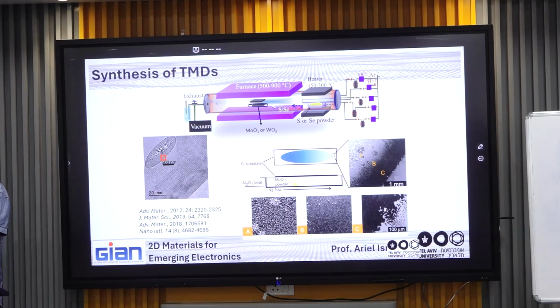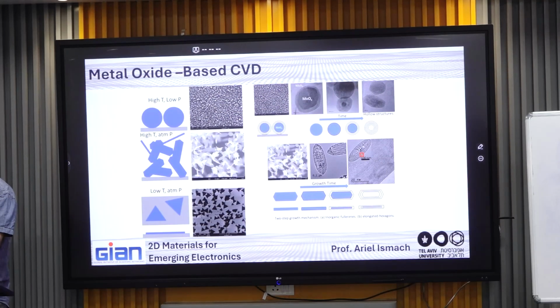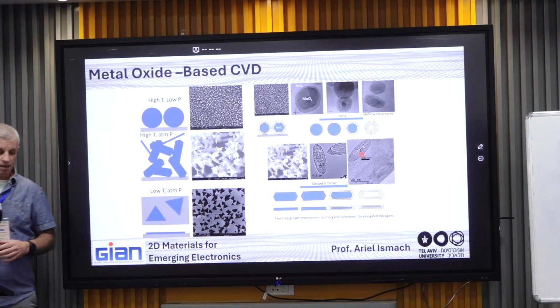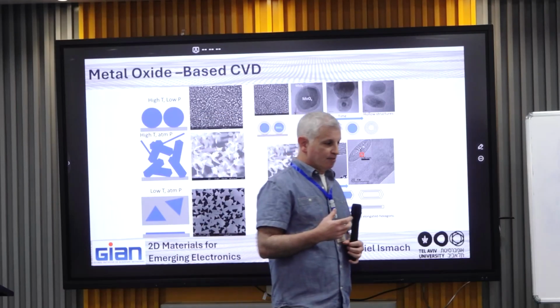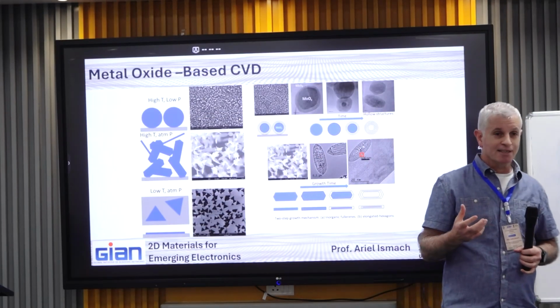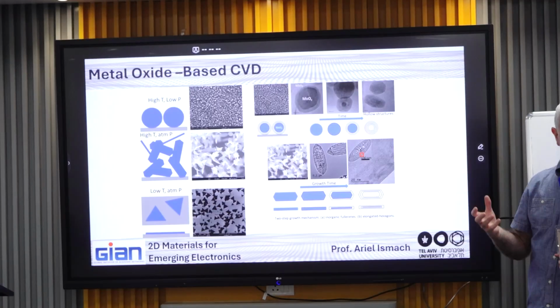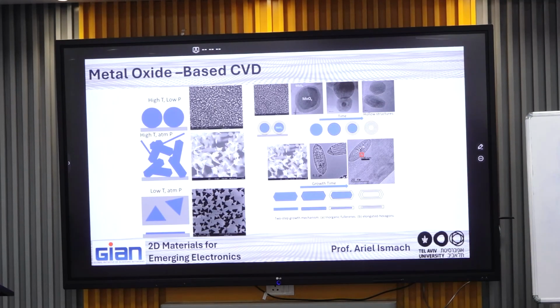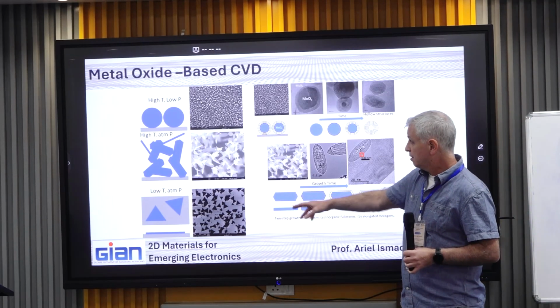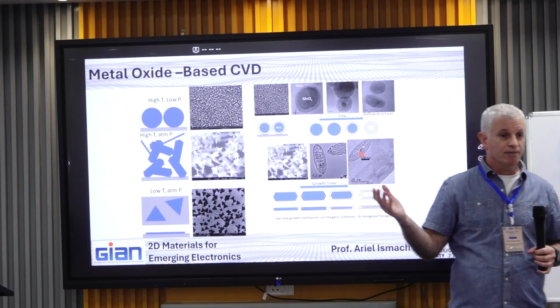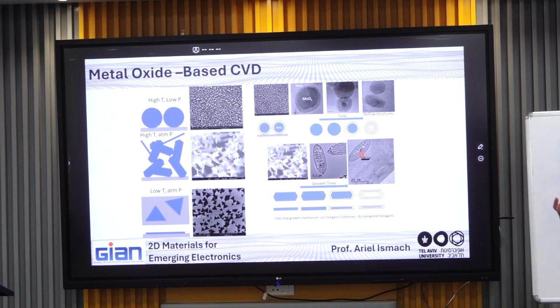So by doing this, not only is it not uniform, but depending on the evaporation of the metal oxide, you may get very interesting structures on the surface before the reaction with the sulfur. In that case, you're not going to end up with atomic films. You're going to end up with all kinds of different nanomaterials, very interesting materials, but not atomic films.